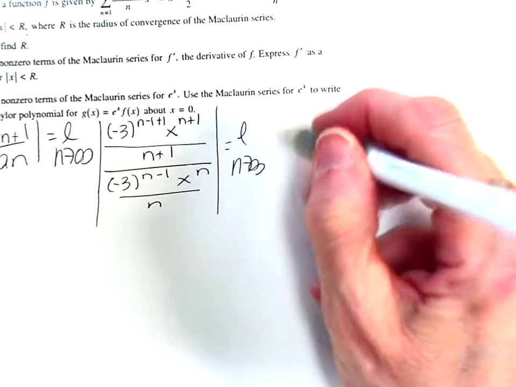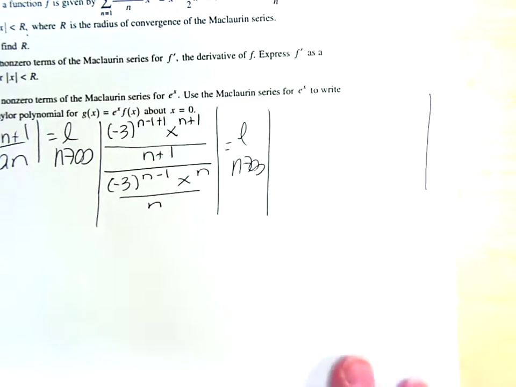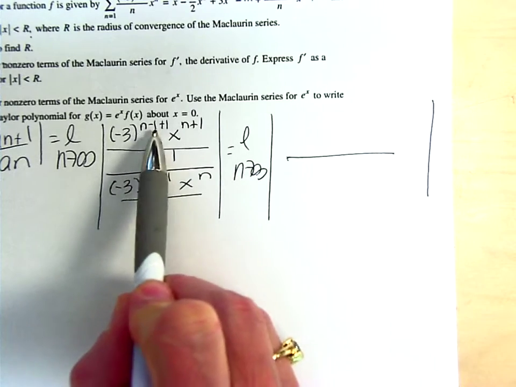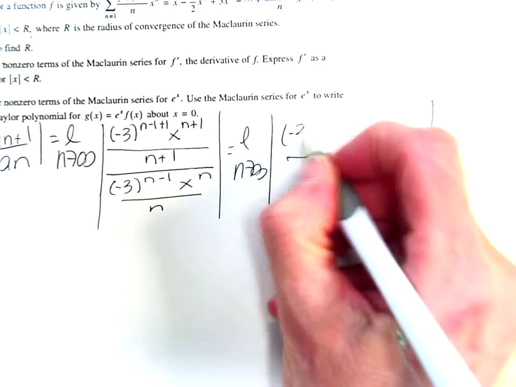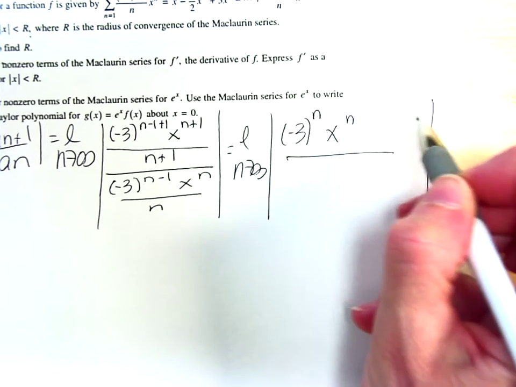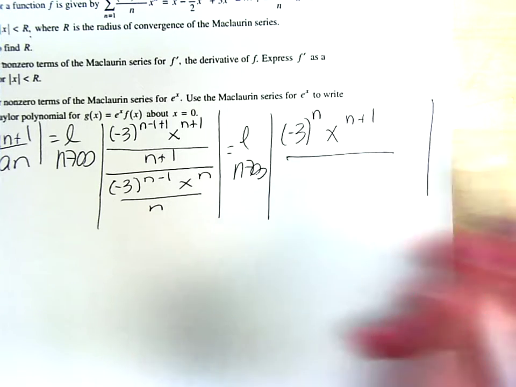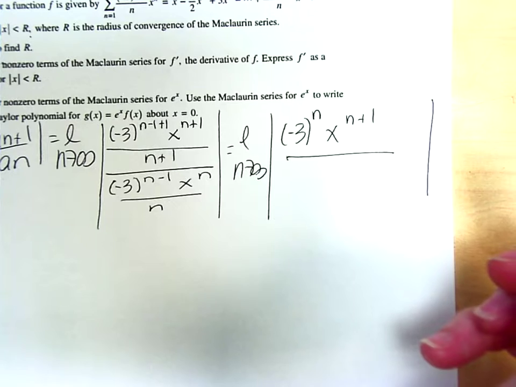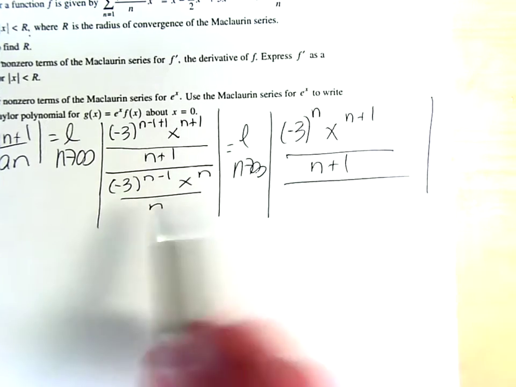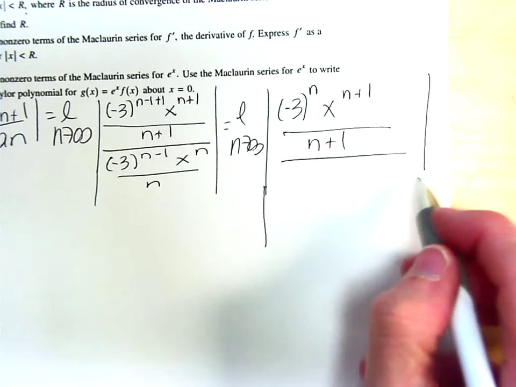So I'm going to flip the guy and simplify. So n minus 1 plus 1 just leaves me with n. x to the n plus 1. Okay, yeah. Why did I do this? Maybe not. I'm going to simplify exponents and then I'll flip. Okay.